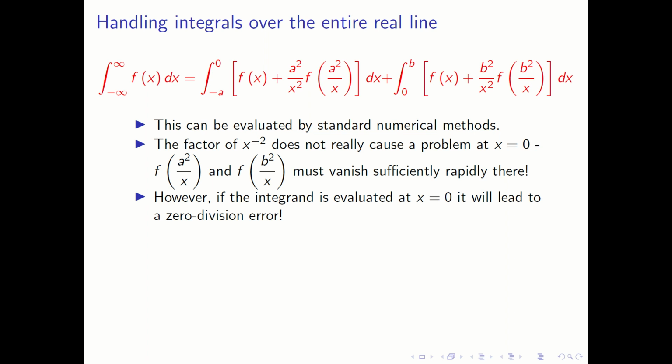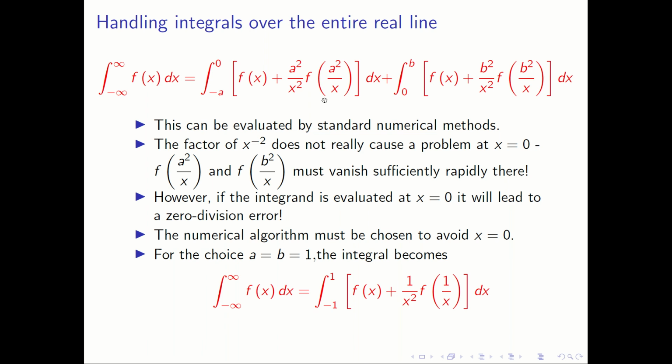So you have to remember that although x equal to 0 does not pose a real problem in this calculation, provided of course the function dies out rapidly enough at infinity for the integral to be finite, in a numerical method you have to take care to avoid x equal to 0, because if you get a 0 division error, your computation would end then and there. So the numerical algorithm must be chosen so that the evaluation of the integrand at x equal to 0 is avoided.